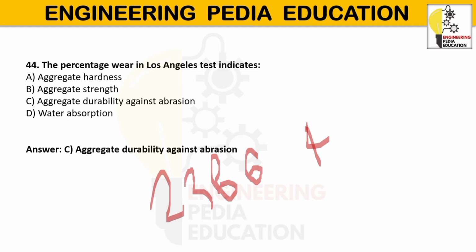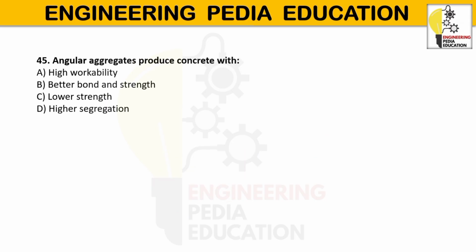Angular aggregate produces concrete with higher workability, better bond and strength, lower strength, or higher segregation. Angular aggregate produces better bond and strength. Why does it produce better bond strength?